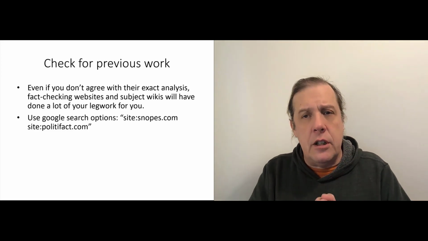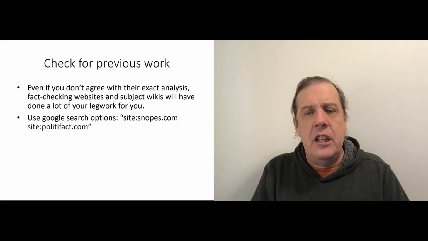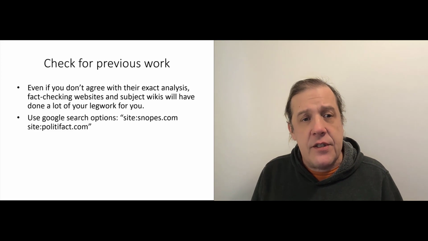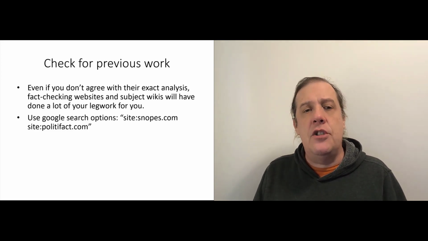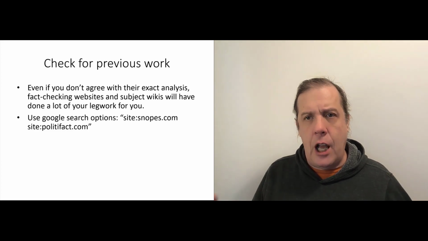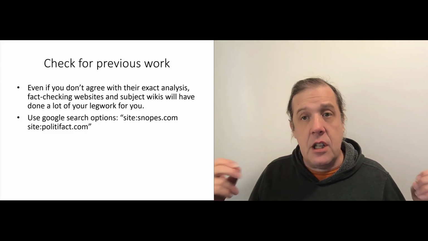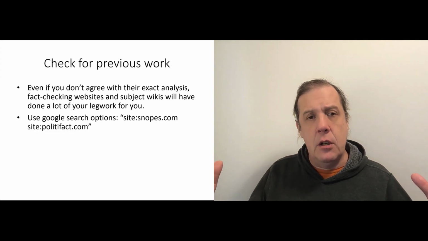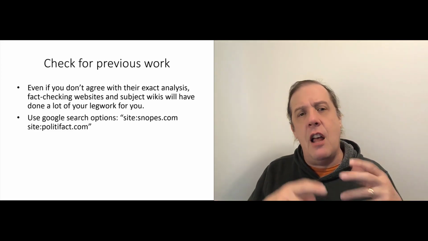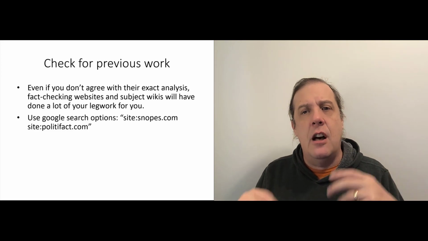If you're dealing with a political issue, you might need to both check a fact and check an interpretation or analysis, right? Generally, fact-checking websites and wikis are fine for just giving you the basic factual statement, and then you're going to disagree with analysis.